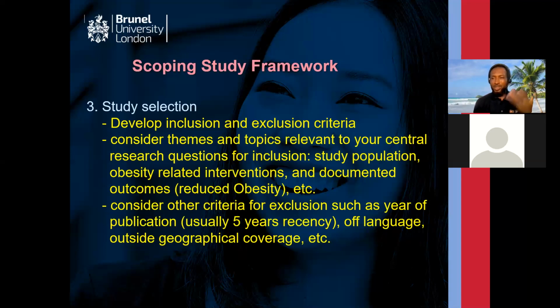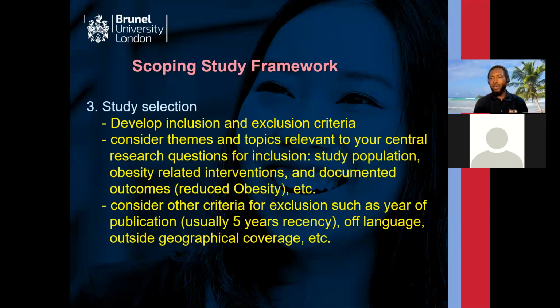You don't want to go 20 years back, mixing old concepts and new concepts. Some old concepts might not be very relevant at this point. So you make it as short as possible. You could also increase it a bit if you don't find too many articles within 5 years. Yes, you can extend a bit. However, just try to make it as recent as possible.